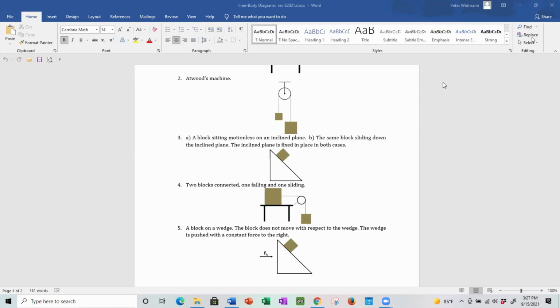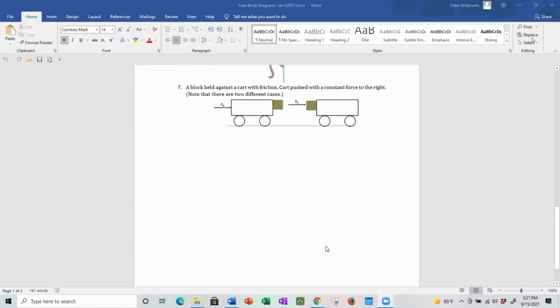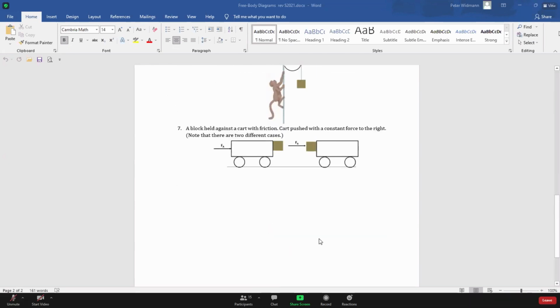Hey, Professor. Yes. Before we get started, for number 7, just because it's a little bit more complex, it's talking about the blocks being held up. Is that just a ratio of acceleration to gravity?